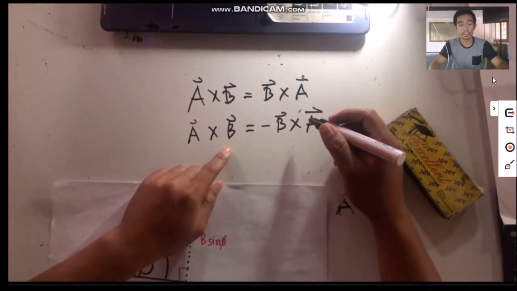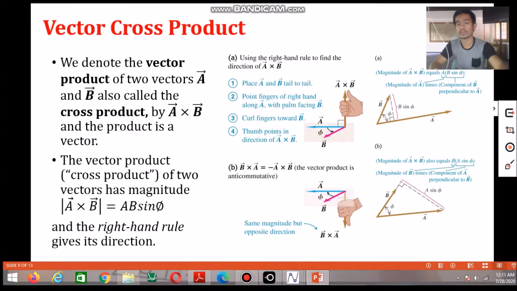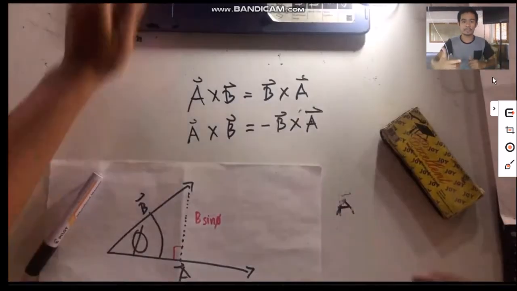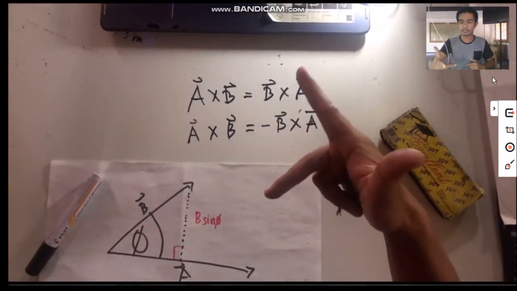Again, we can use the right hand rule to determine the direction of the cross product of two vectors. We will use the right hand rule, not the left hand rule.